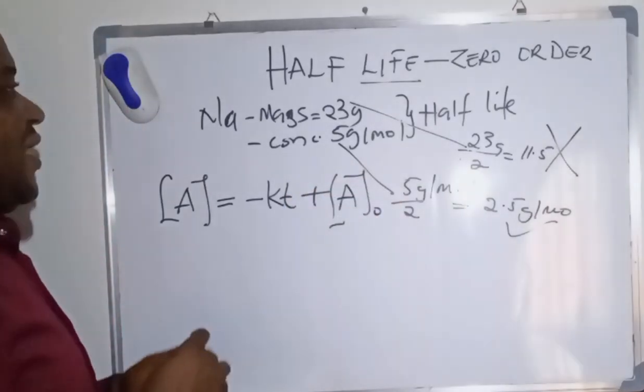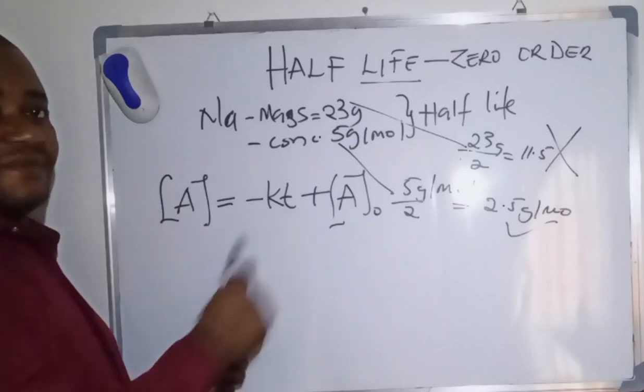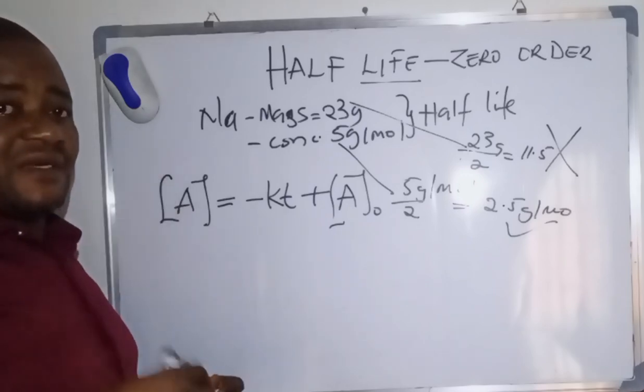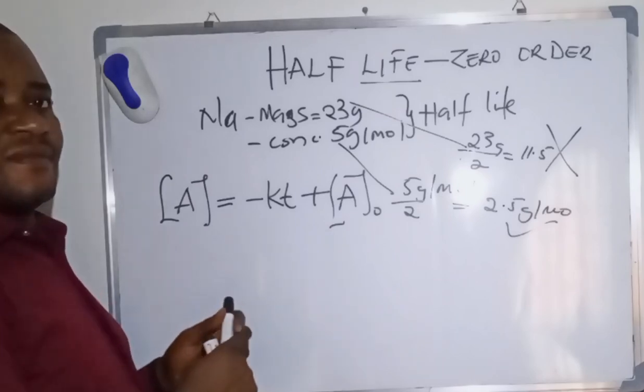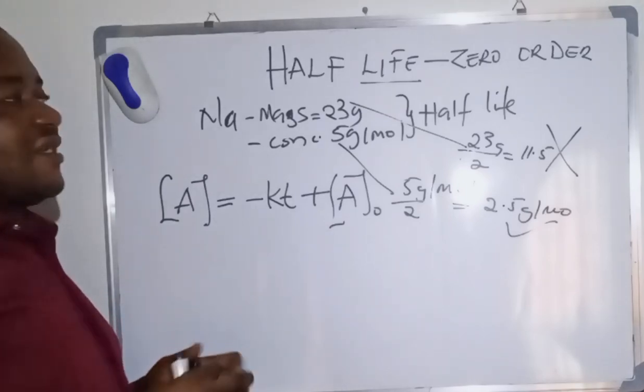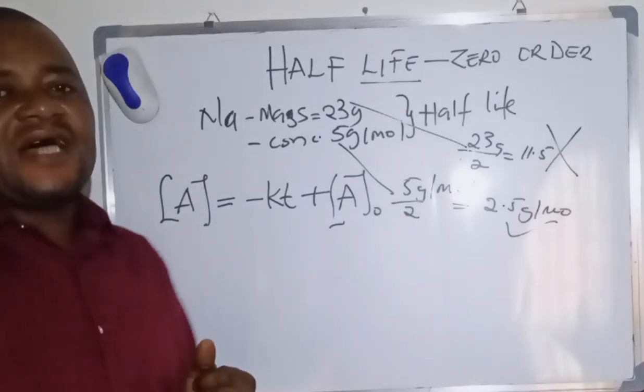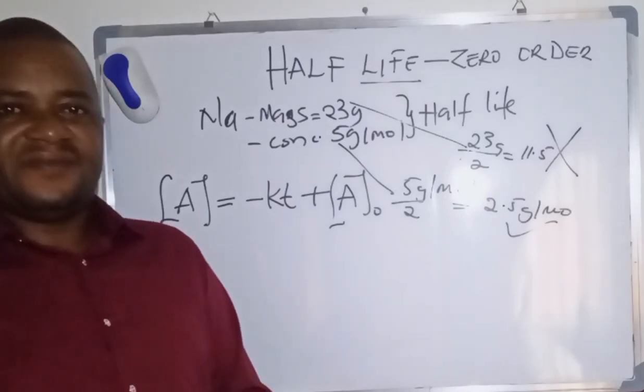That is what we derived in our earlier class. So you are going to use the zeroth order equation to get at your half-life.